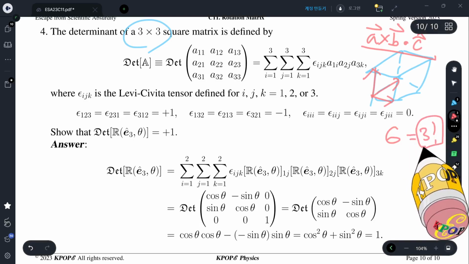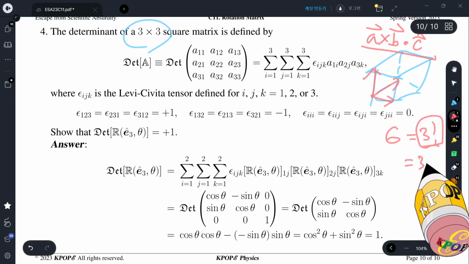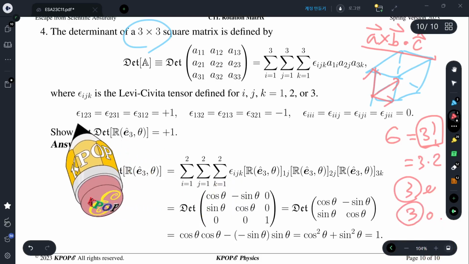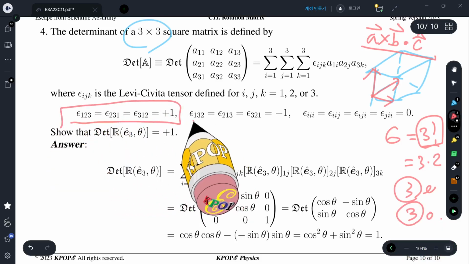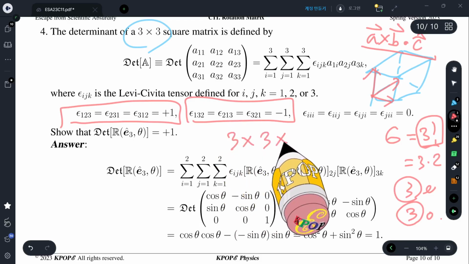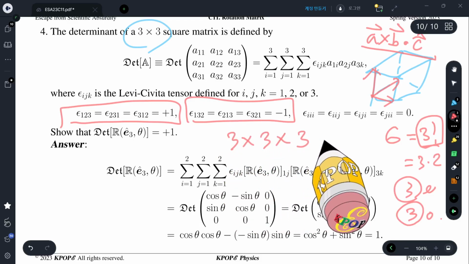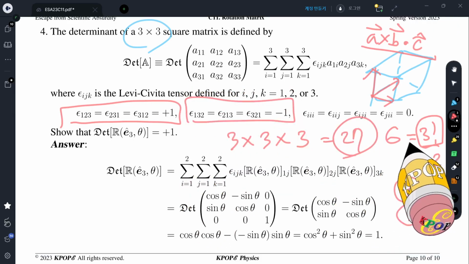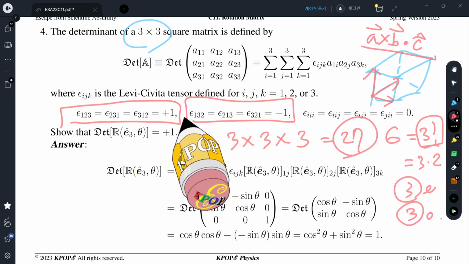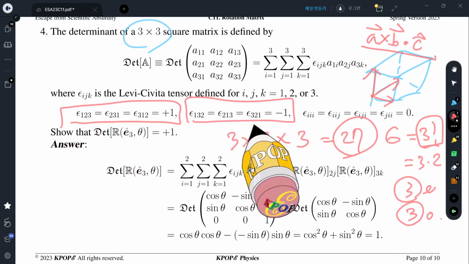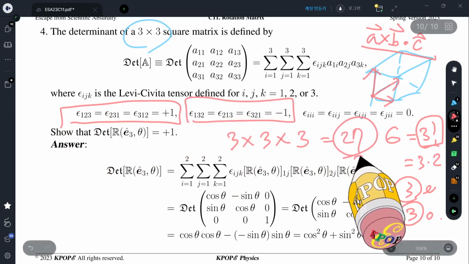Among them, we have 3 times 2. We have 3 even permutations and 3 odd permutations. The 3 even permutations are this, and the 3 odd permutations are this. And among all 3 times 3 times 3, 27, a lot of terms, only 6 terms, 3 positive and 3 negative, survive.